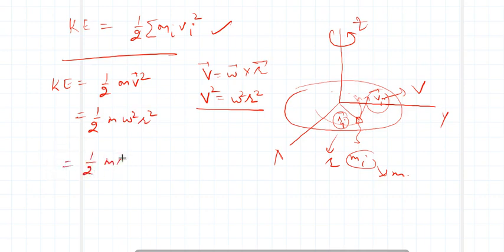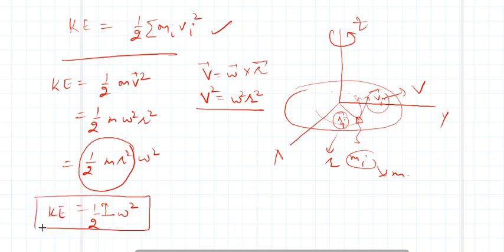So half m r square omega square, this is known as inertia, I omega square. It's a simple way to look at this moment of inertia. So this I is equal to mr square, known as moment of inertia.